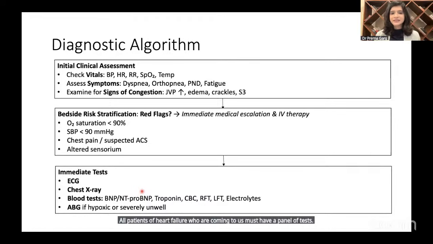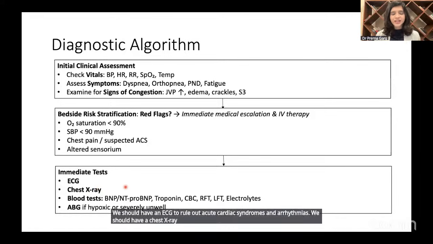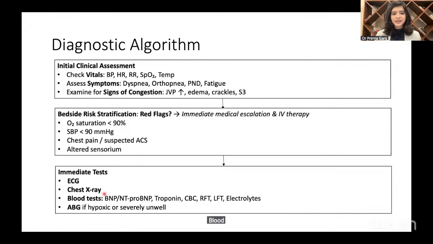We should have an ECG to rule out acute cardiac syndromes and arrhythmias. We should have a chest X-ray to look for infections and to see for pulmonary congestion. Blood tests including BNP, NT-proBNP for heart failure, troponin for ACS, CBC for anemia and leukocytosis. Anemia is a common precipitant, so is infection.